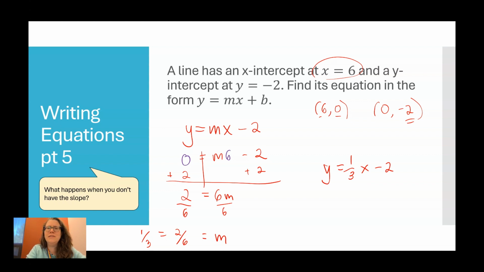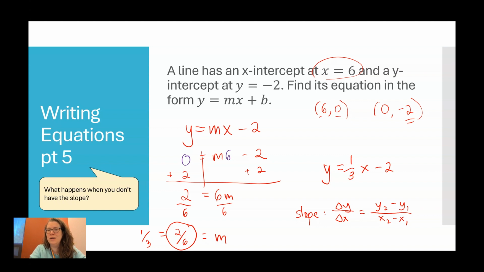Another way you can do this is you can look straight at the graph and count between those 2 intercepts, from -2 on the y-axis up and over to 6 on the x-axis. If you do that, you're going to count up 2 and over 6. Or you can also just use the slope formula, which, just in case it's been a minute, is change in y over change in x, or (y2 - y1) over (x2 - x1).